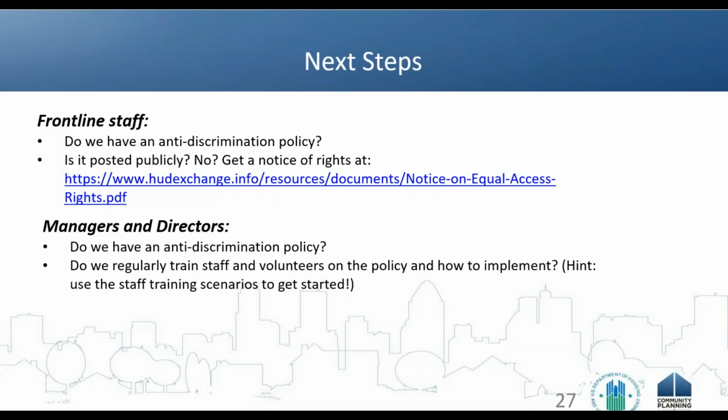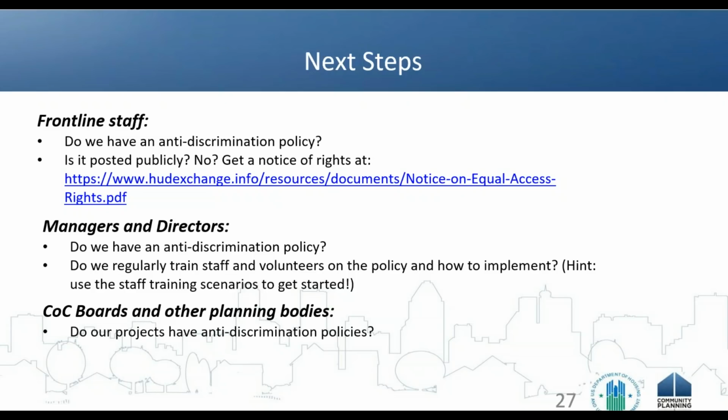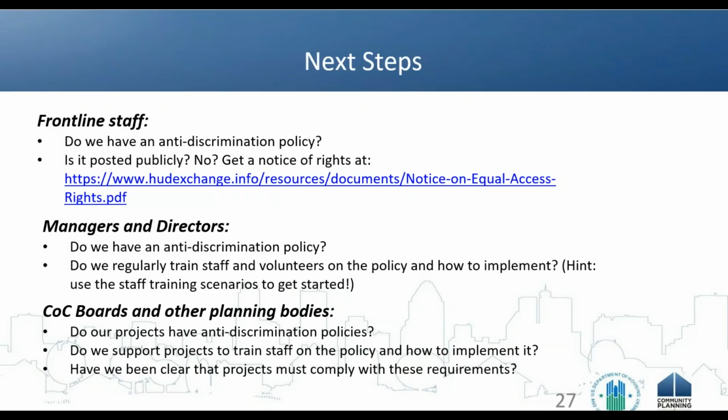And really, for COC leaders, looking at how projects are in alignment with the COC written standards and policies and how those policies are being enforced. How do you as a COC know the policies are being enforced? What metrics do you have in place, both to detect a positive outcome, i.e. the policies are enforced and we're not discriminating, or a negative one?